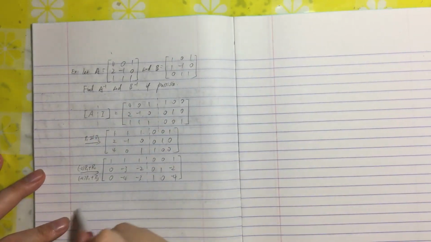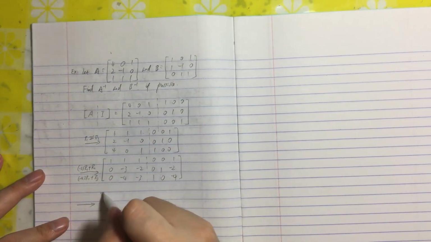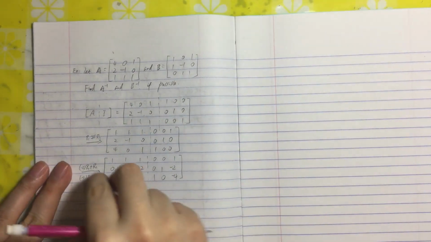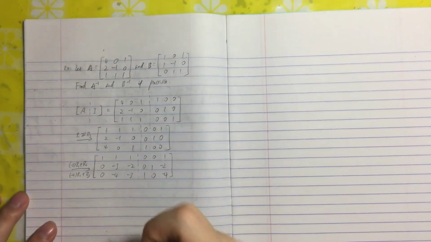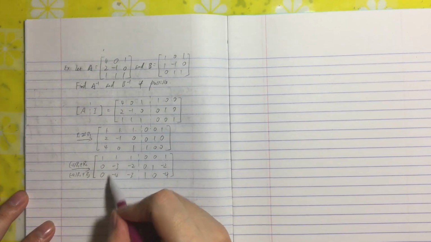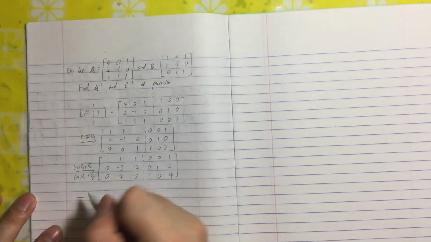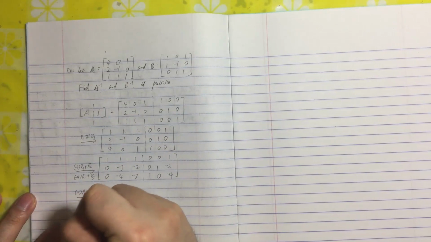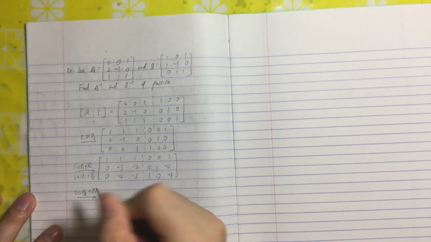Next, in the second row, in the second column, try to make a leading 1 here. What can we do here? I try to avoid fractions. So what I can do is multiply the third row by negative 1, add it to the second row.